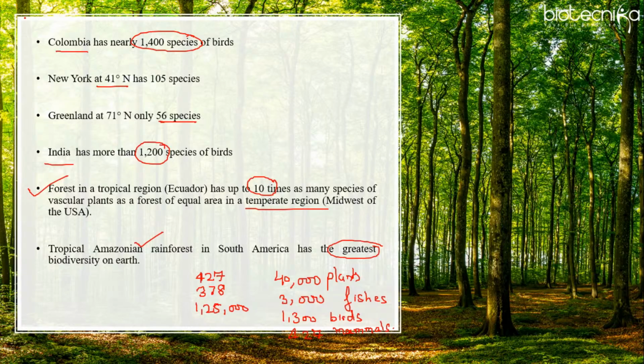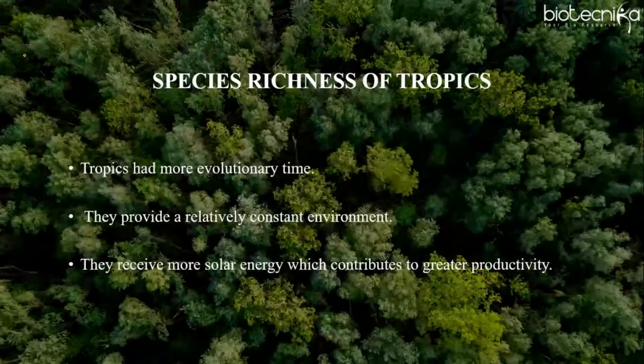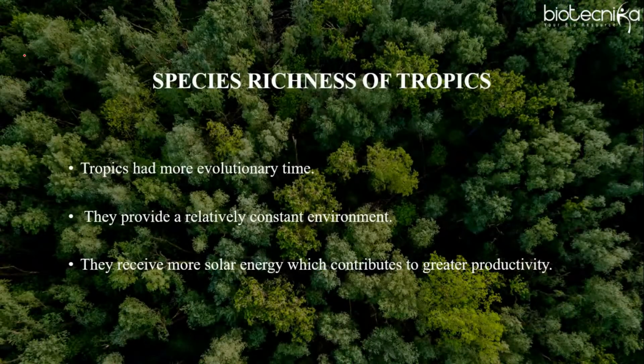All this data proves that the tropical regions harbor more species than temperate or polar areas. So the question arises, what could be the reason for species richness of tropics? What is so special about tropics that might account for their greater biological diversity?